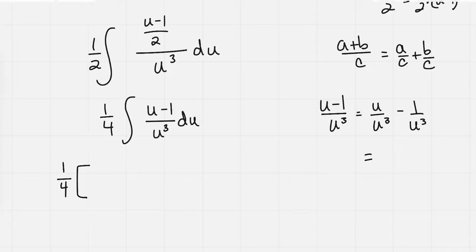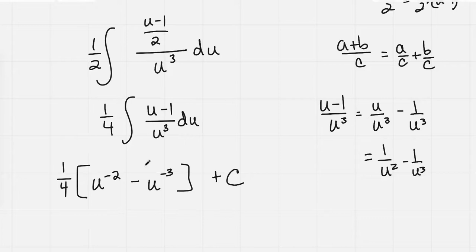But for my antiderivatives, it's easier to write these as 1 over u squared minus 1 over u cubed, and writing them as negative exponents is easier. So this whole expression inside the integral will become u to the negative 2, minus u to the negative 3, and of course the plus c hanging out.